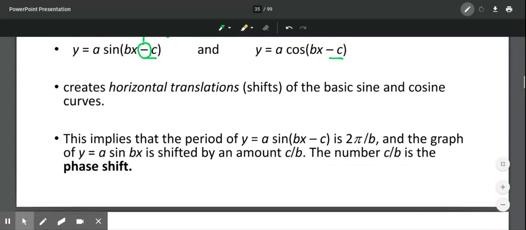So what you have to remember then is that we call the horizontal shift the phase shift. So your phase shift is your horizontal shift. Right? And your horizontal shift, the way that you determine what it is you take your C value and you divide it by your B value. So C over B tells you how it's shifting horizontally, and then you just have to look at the sign in front.